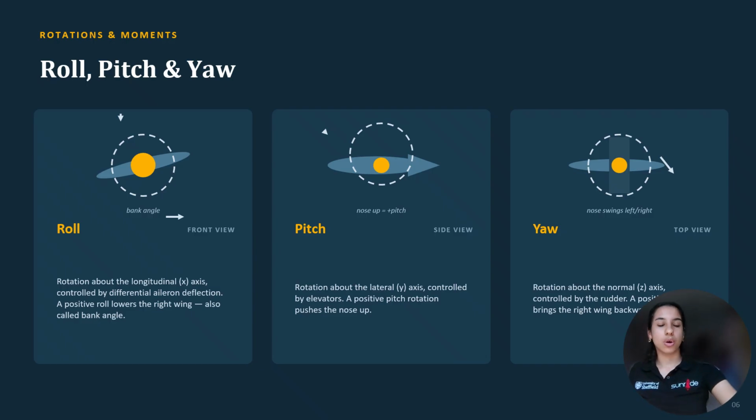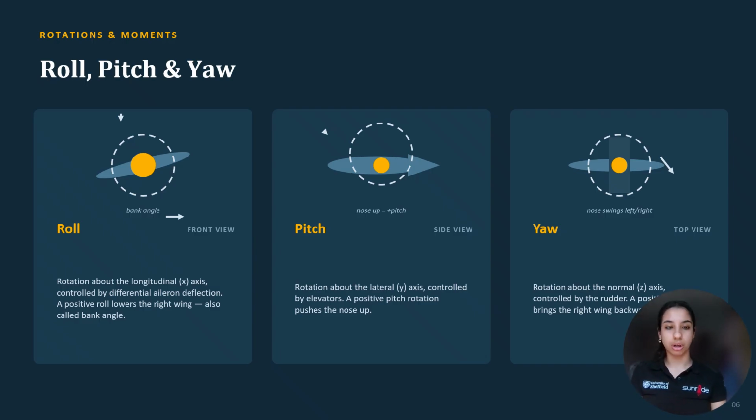So for roll, this is the part where it's tough to remember. Roll is rotation about the longitudinal x-axis. Remember what we said the x-axis is? Through the fuselage to the nose. So it is rolling relative to that direction.